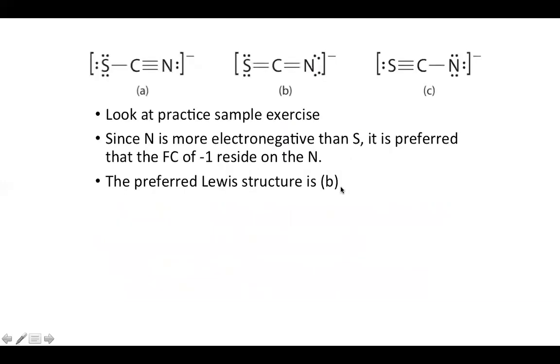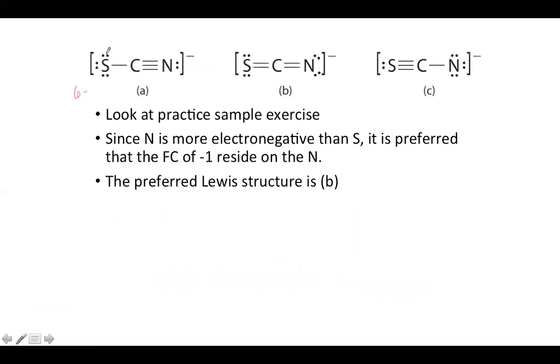All right, so taking that idea of formal charge back to that original question we had earlier. If we look at those 3 Lewis structures to determine which is the best one, again, we're going to want to assign formal charges. So sulfur has 6 valence electrons.